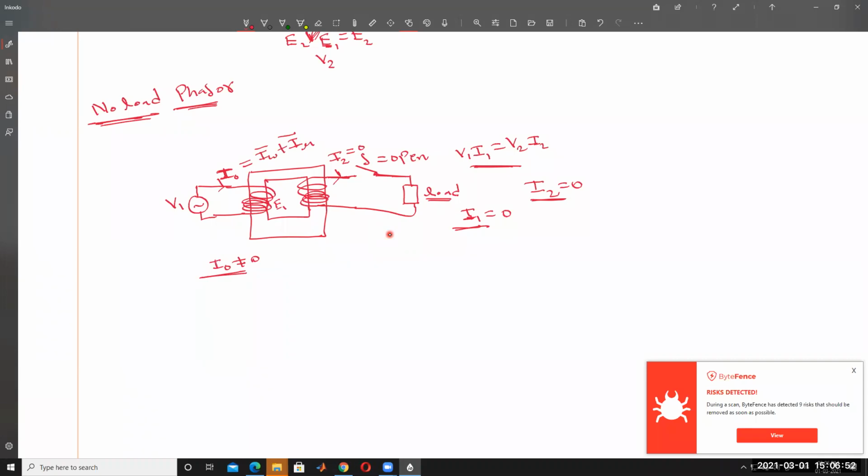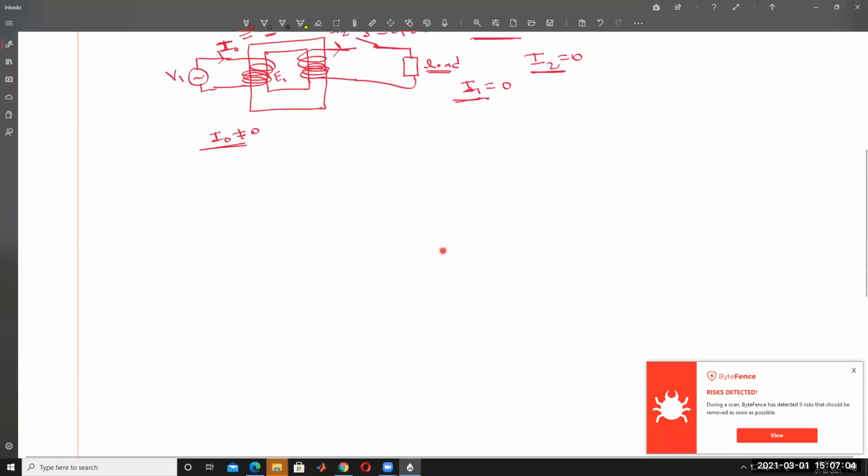So it's a small amount of current drawn from the supply. That current is because of the wattful component and the wattless component, that is called IMU. Then draw the phasor diagram. You know well, this is the flux of the transformer, and this is the supply voltage Vs or V1.